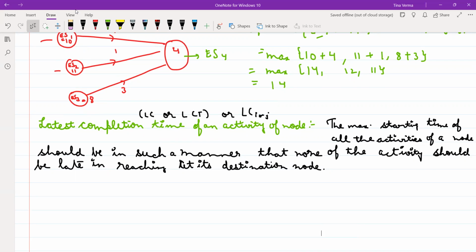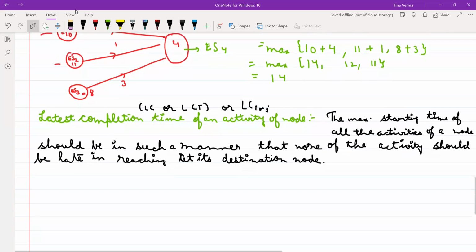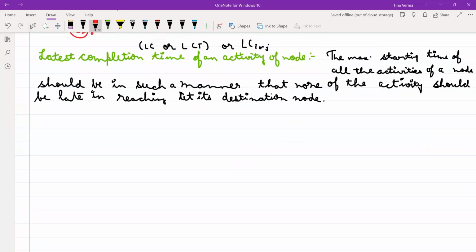That means the minimum time that I have to consider, we have to take care so that the destination of the activity should not be late. For example, how you will calculate that: suppose the first activity is going to activity 2 and the latest completion time here is given as 10.